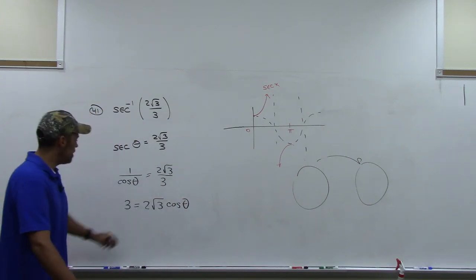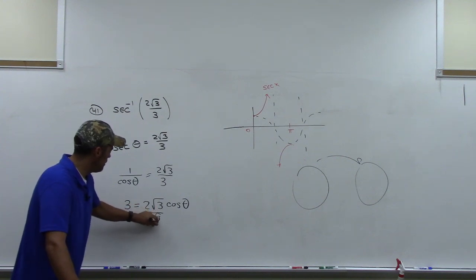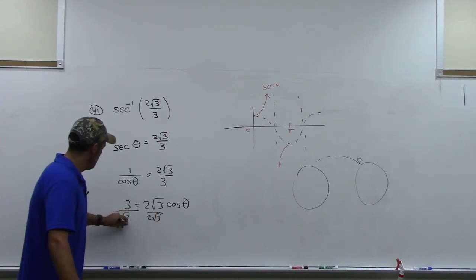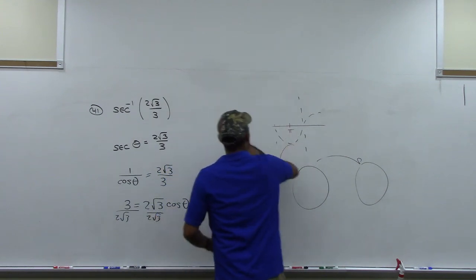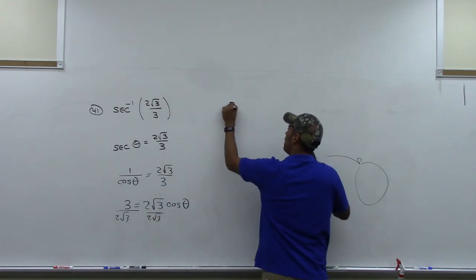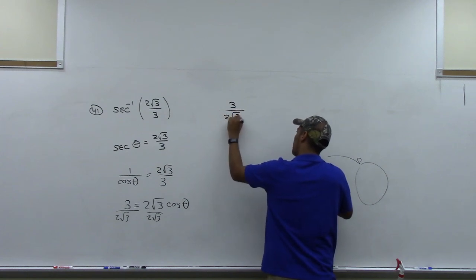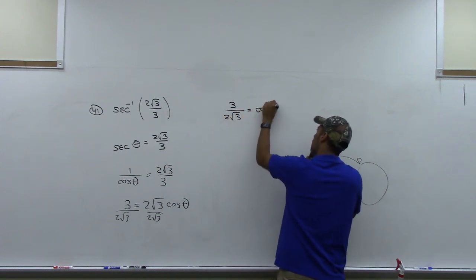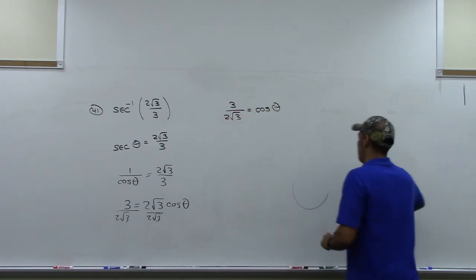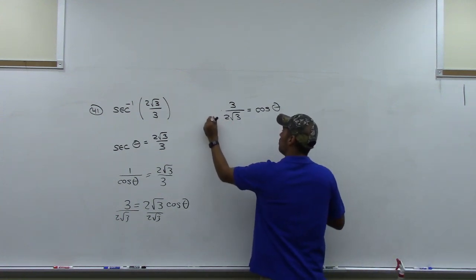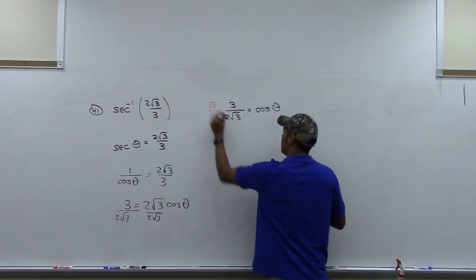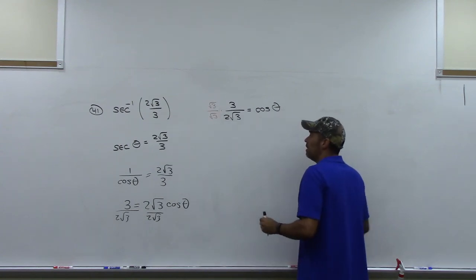Now I'm going to divide both sides by 2 root 3. And we get 3 over 2 root 3 equals cosine theta. And that is not an obvious angle, but if you do a little bit of work to this, you'll see it. So rationalize this one, because if not, you won't see it.